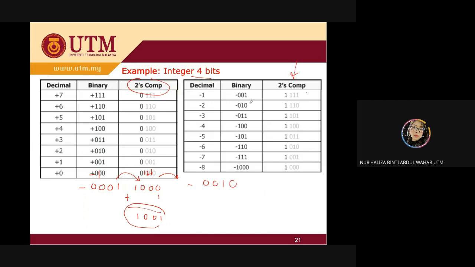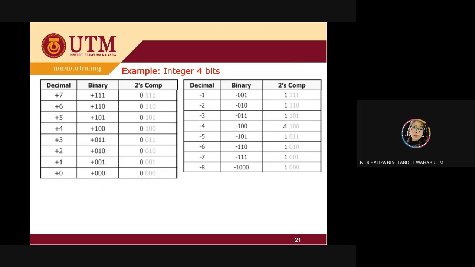Because this is your 2, and then negative, you directly change it to be your first complement. You will get 1, 1, 0, 1. 1, 1, 0, 1, you add with 1, you will get 0. You will get 0 plus 1, 1, 1, 1. This is your second complement.